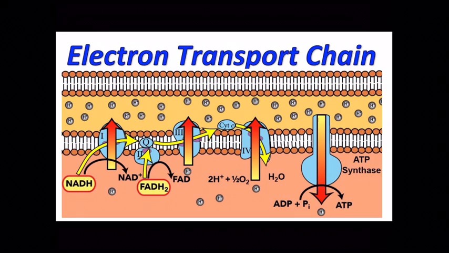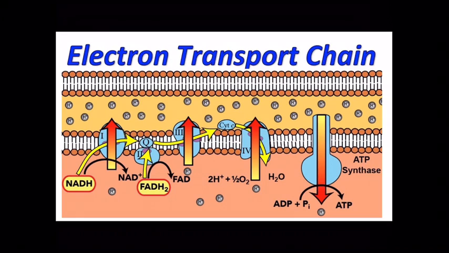So there's that process that's happening. This passing of electrons, this pumping out of hydrogen ions. So all of these red arrows going up through the number 1, the number 3, and the number 4 proteins. In all of those places, we have hydrogen ions getting pumped into that intermembrane space. So we're ending up with a high concentration of hydrogen ions there.